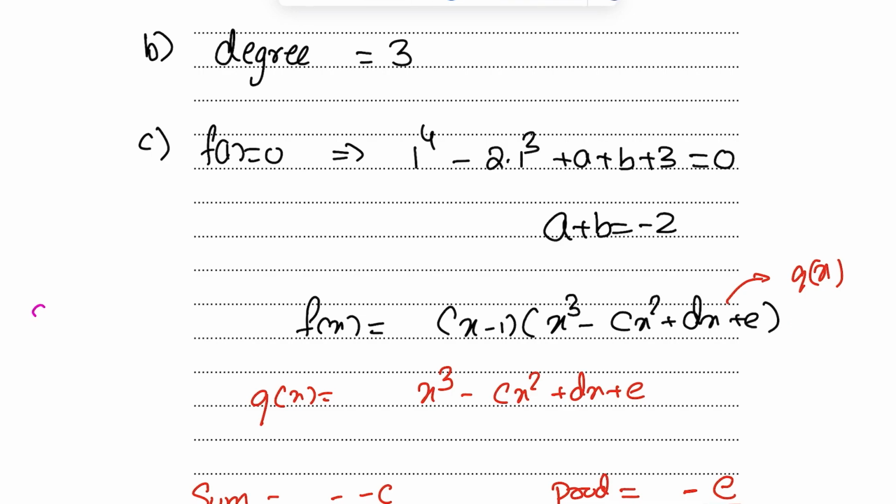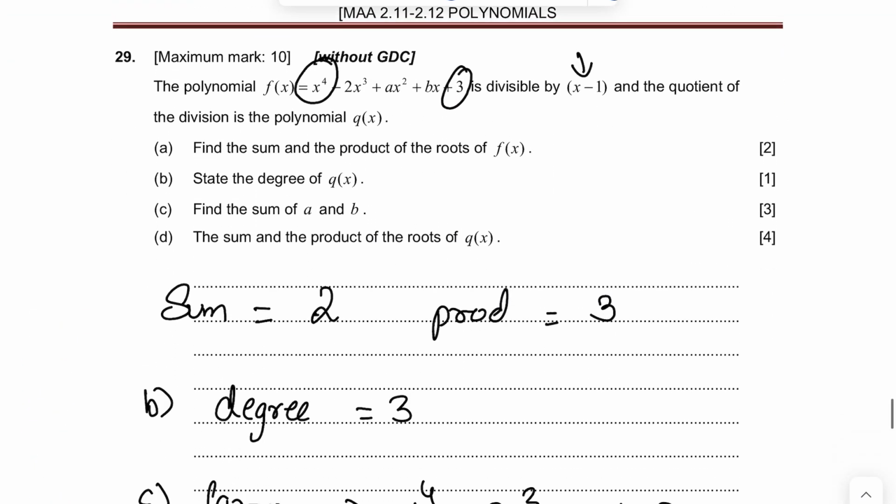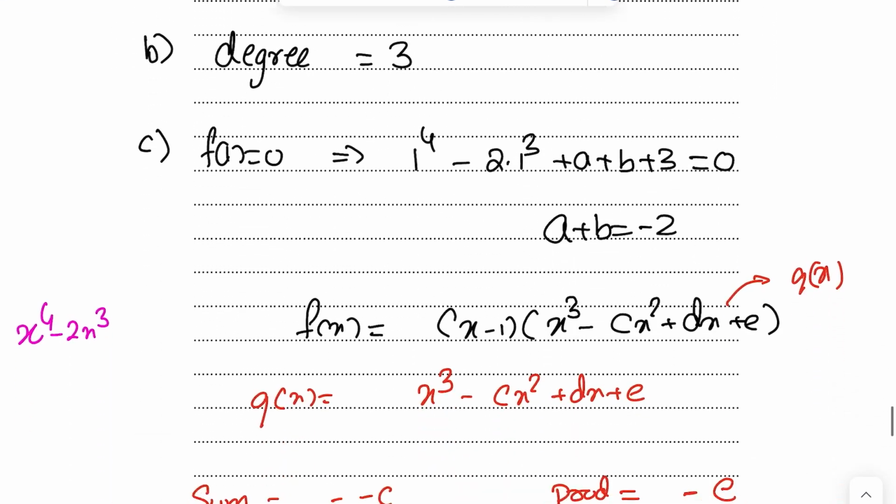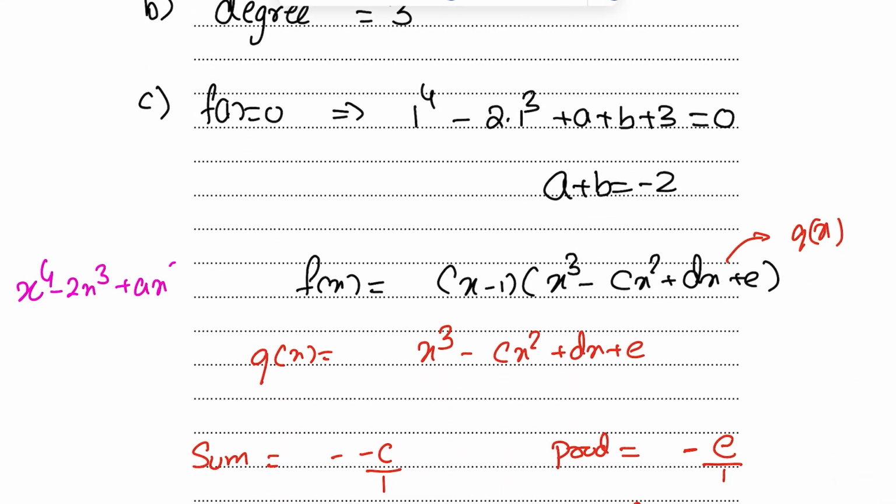So this should be equal to x minus 1 times x cube minus cx square plus dx plus e, equal to x to the power 4 minus 2x cube plus ax square plus bx plus 3.